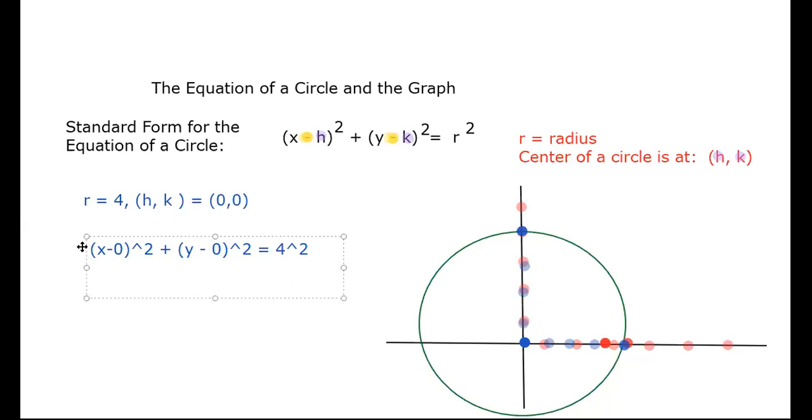Now let's simplify it a little bit. We don't put x minus 0. So we actually have x squared plus y squared equals 16. So you see how the 0 falls out when your center is at the origin. Okay? Don't miss that one.